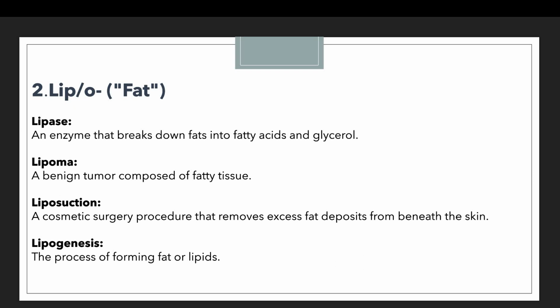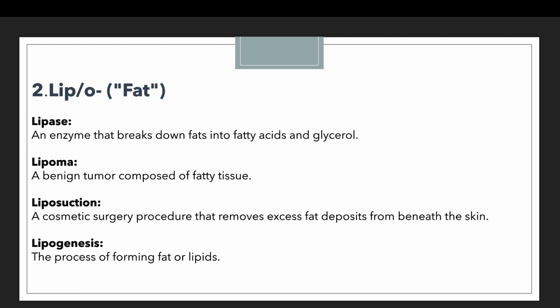Alright, now if you look at the fourth example, which is lipogenesis. As I told you earlier also, if there is a term related to genesis, then it means there is a formation or development of something. Okay, so we denote the process of forming fat or lipid in this way.